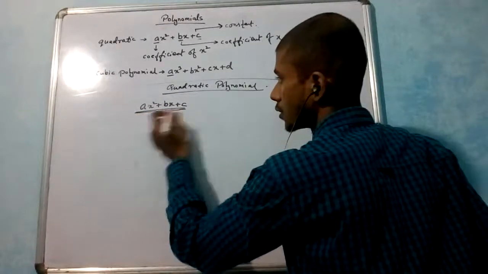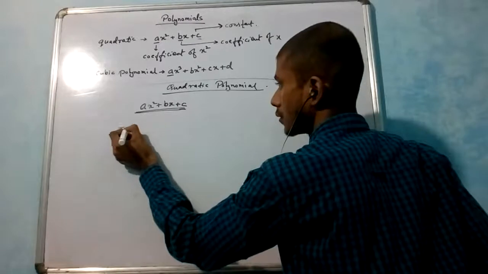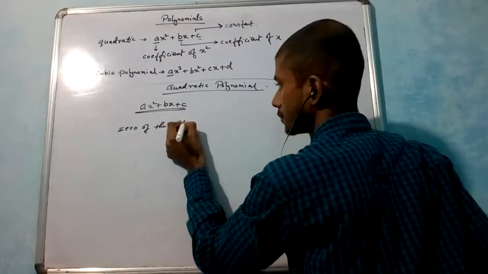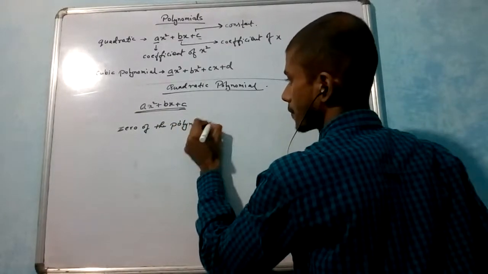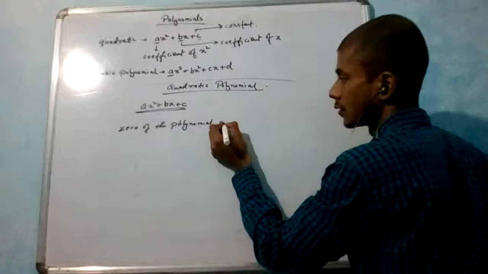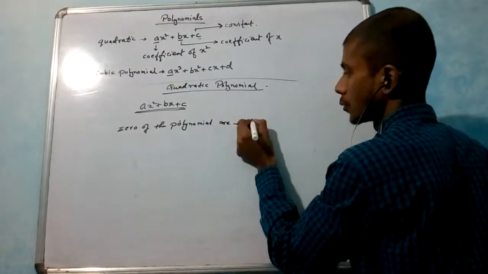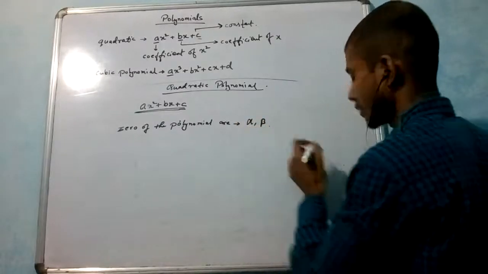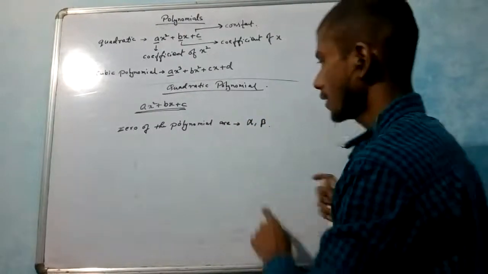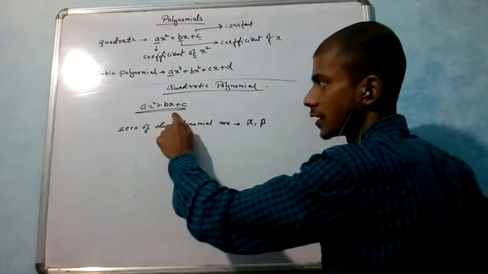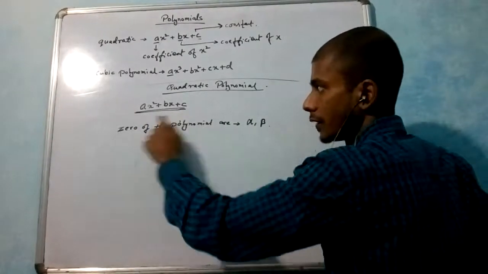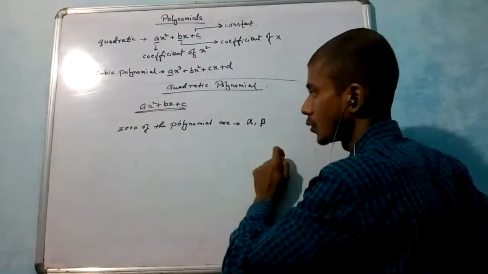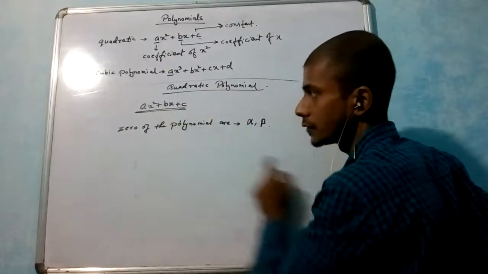And suppose the zeros of this polynomial are given, suppose alpha and beta. These are the Greek letters representation for the zeros. Okay, means if alpha is substituted in this, then the complete value will be 0. In place of x, if alpha is substituted, the complete value we will get is 0. That's why alpha is one of the zeros of this polynomial.